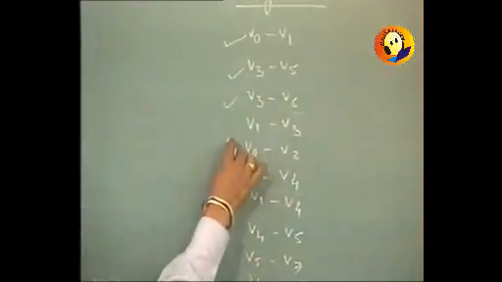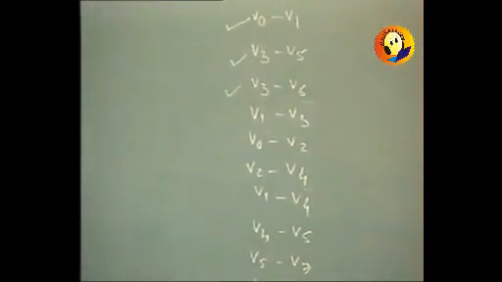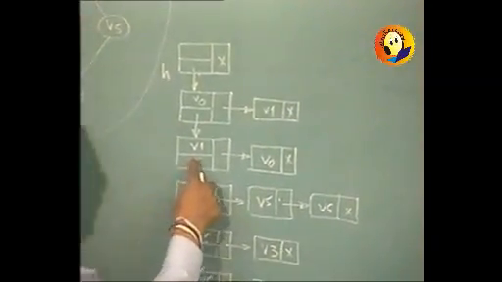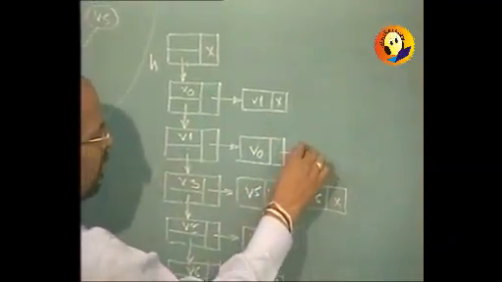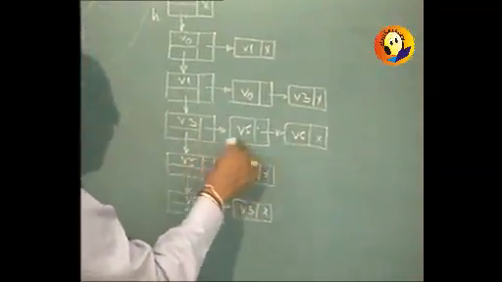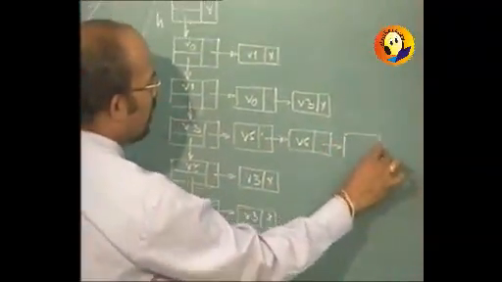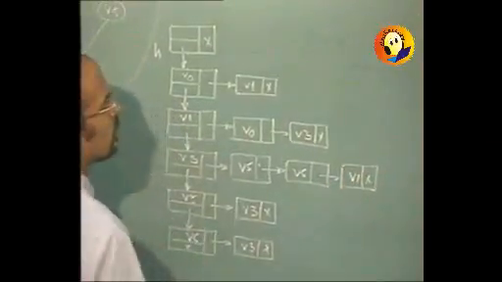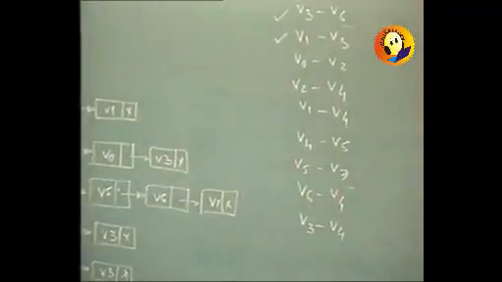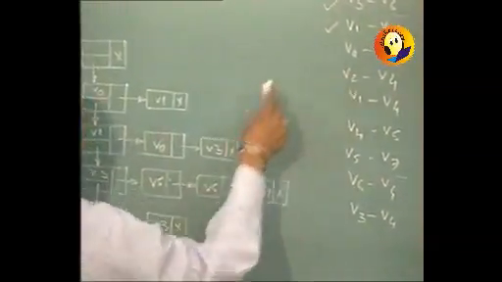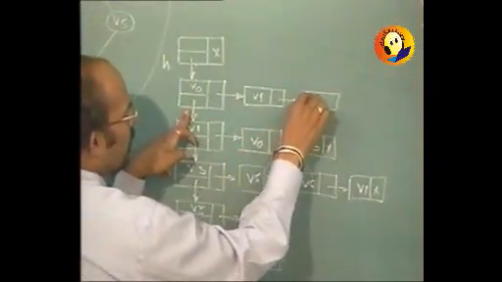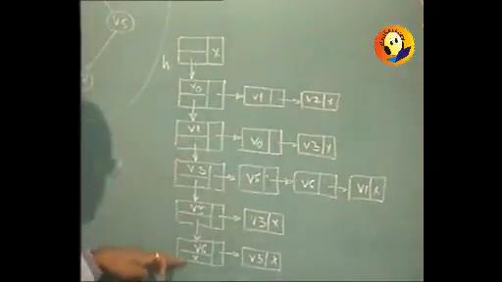Fourth edge is V1, V3. Search for vertex V1. Vertex V1 is already there. Append its next list by V3. Search for V3, append its next list by V1. So V1, V3 is over. Then you have V0, V2. Search for V0, append its next by V2. Search for V2, it is not there.